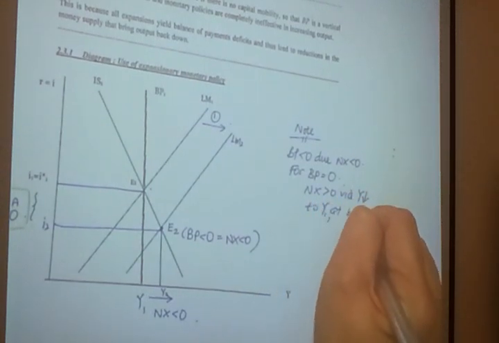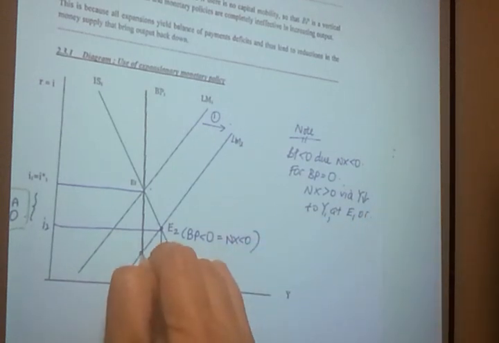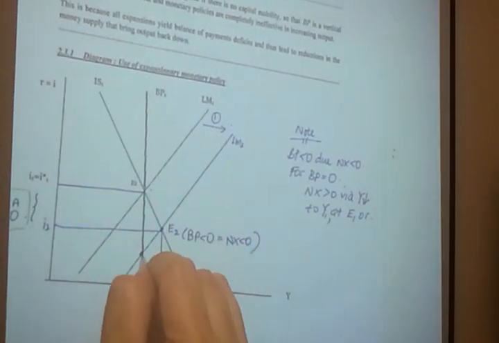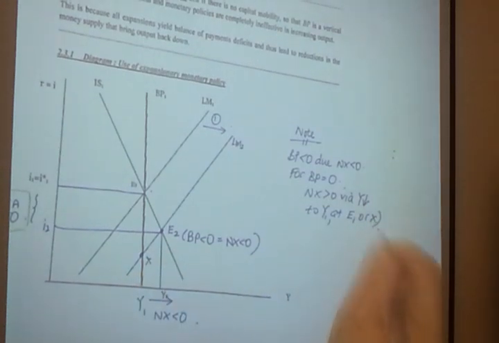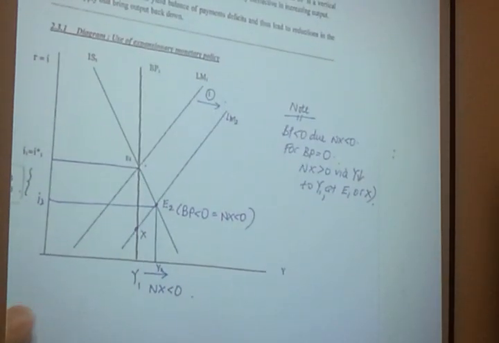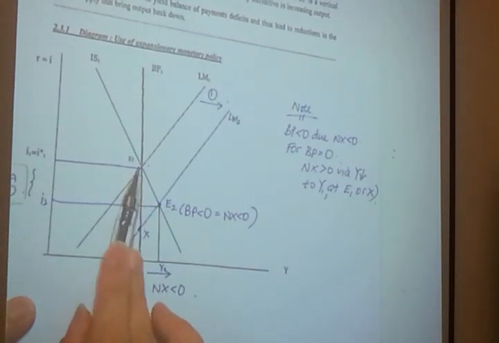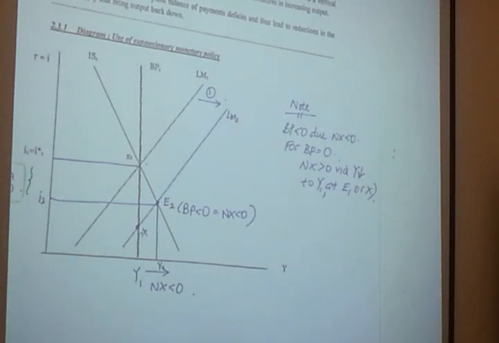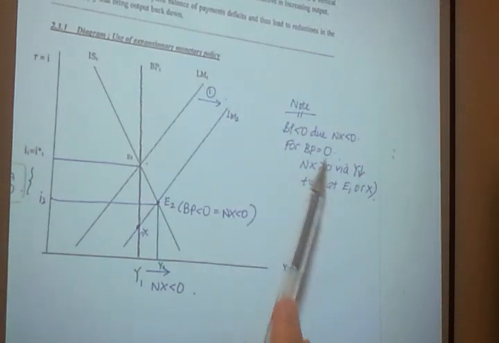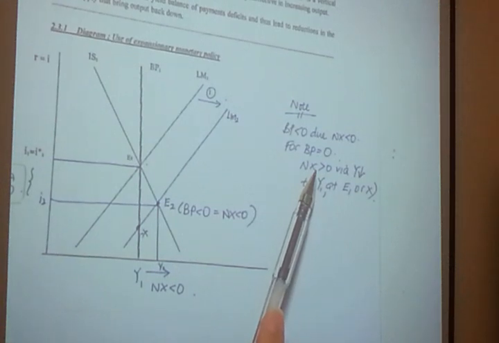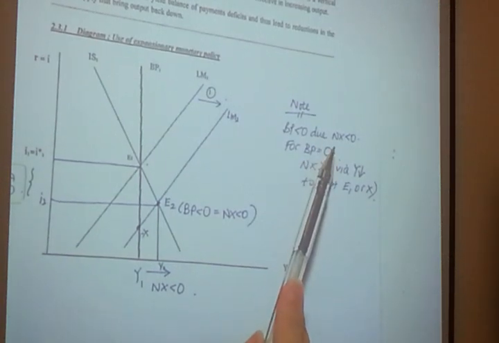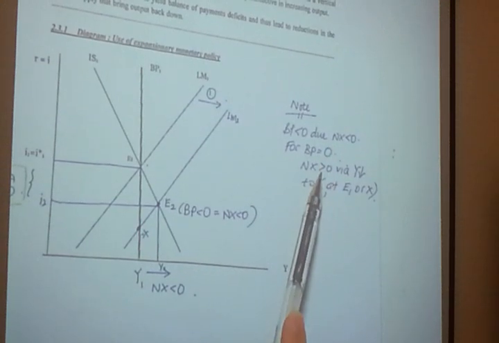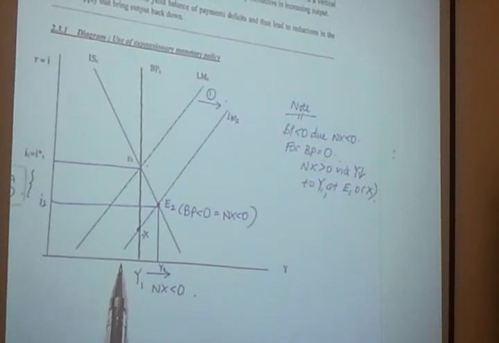You are either at point E1, or you can call it X. You do not know where your curve will shift, but at E2, you know you either go E1 or on X. So again, you begin with the end in mind, knowing what is the size of BP, knowing how to correct the BP, right? The size is primarily deficit in NX. So NX must be positive. Income must go down. Right? So you either reach E1 or point X. Then you start analyzing, right?